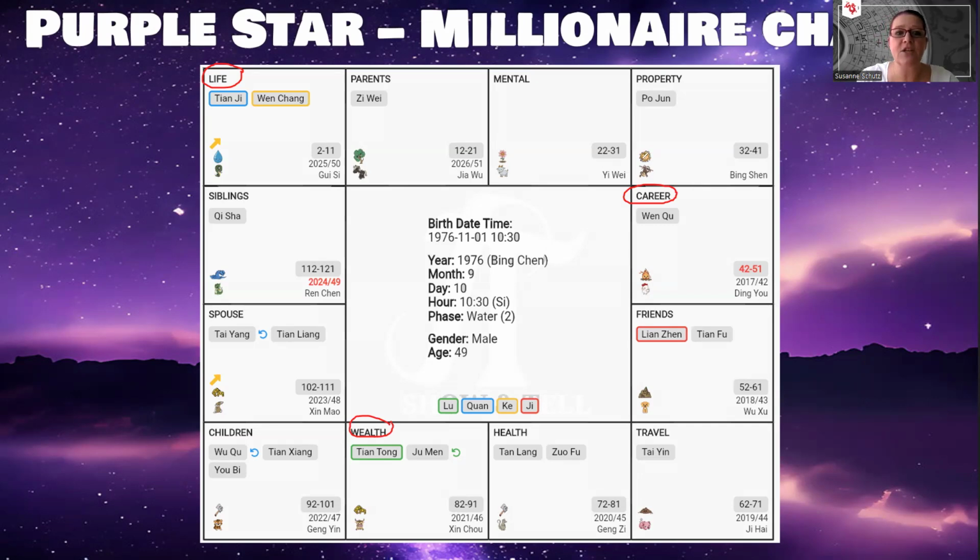Essentially what we're looking for is whether or not we have stars in these three palaces that are circled in blue, yellow, and green. Yeah, they have to be circled or squared, in a blue square, in a yellow square, or in a green square. You have to have all three of them.